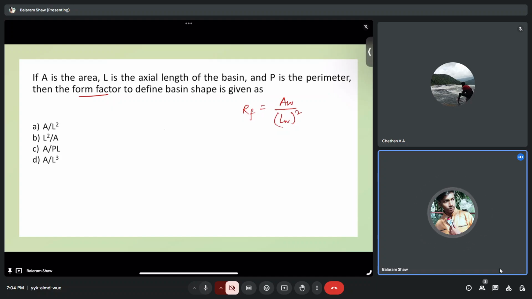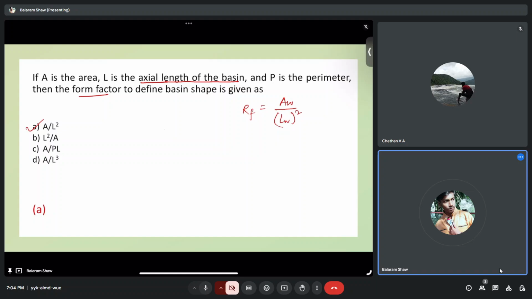Where AW is the area of the watershed and LW is the watershed length or basin length, or the axial length of the basin here, and P is the perimeter. The form factor will be simply A by L square. So the correct answer will be A. Perimeter anyway is not included in the form factor.